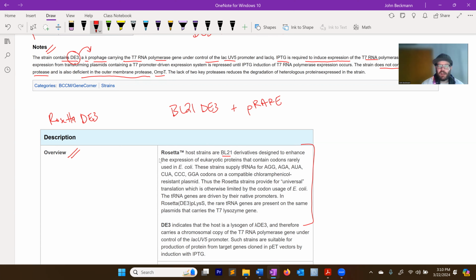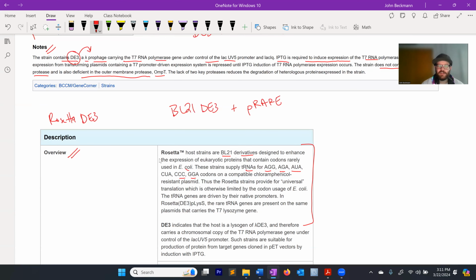Host strains are BL21 derivatives enhanced for expression of eukaryotic proteins that contain codons rarely used in E. coli. These strains supply tRNAs. So remember when I described that plasmid, it shows you here, these are the actual tRNAs that are encoded in that plasmid: AGG, AGA, AUA, CUA, CCC, GGA.